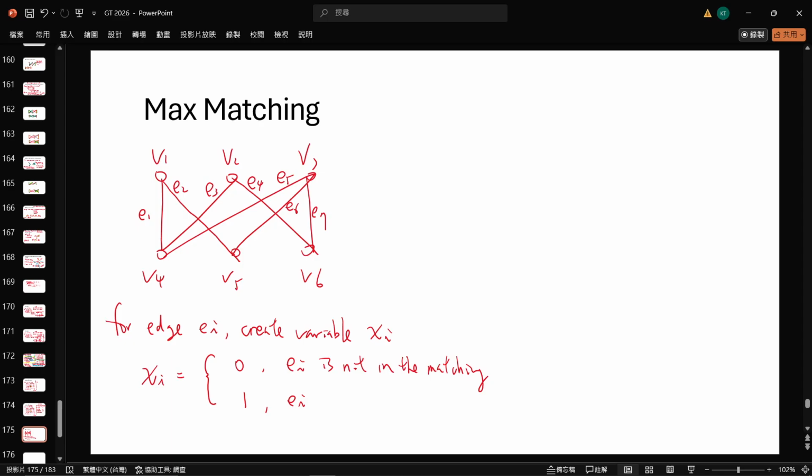And when xi is 1, this means ei is chosen, so it's in the matching. So that's our variable. Because we have 7 edges, E1 to E7, we have 7 variables, x1 to x7. So that's our variables.